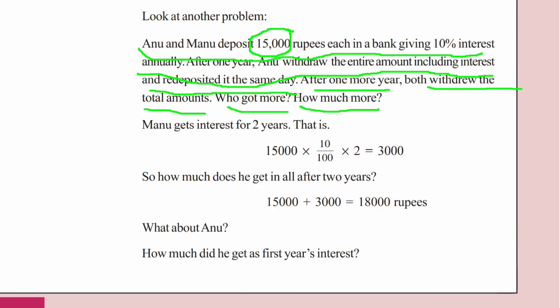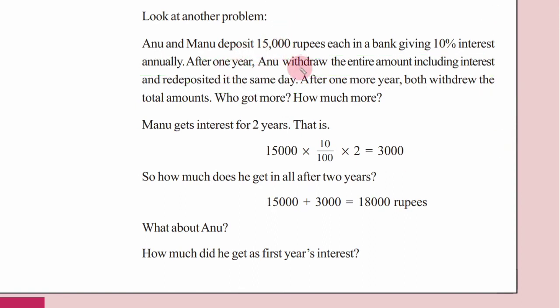But after 1 year, Anu withdrew the entire amount including the interest and redeposited it the same day. First, Manu: 15,000 rupees into 10 by 100 into 2 is 3,000 rupees.